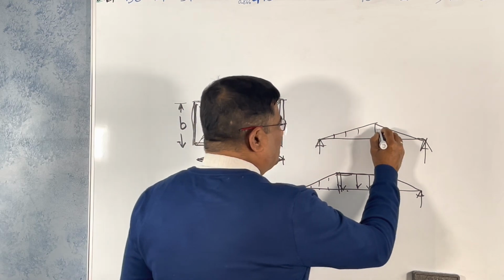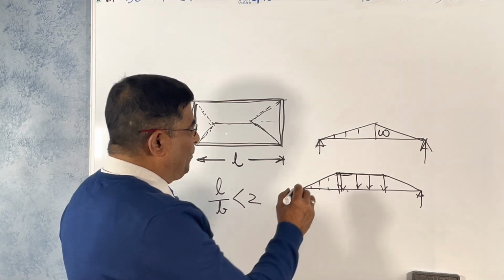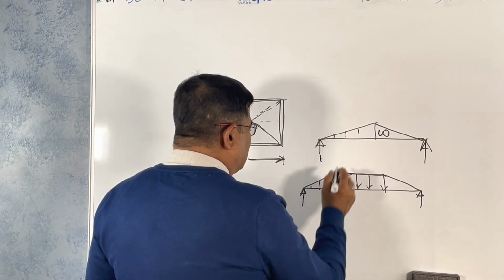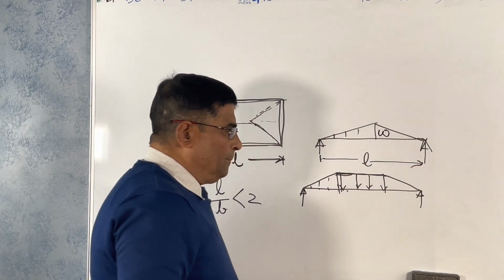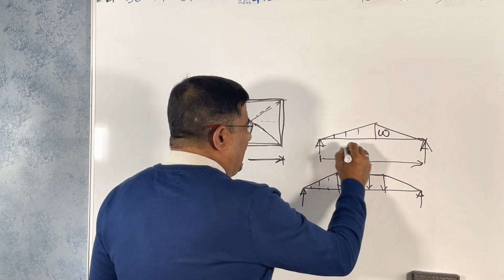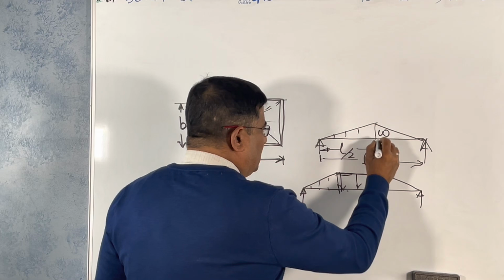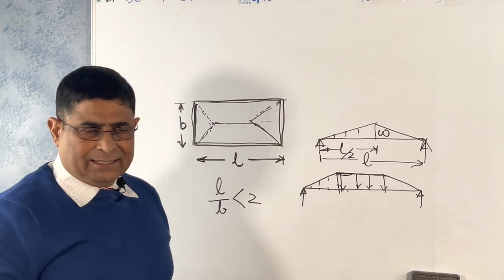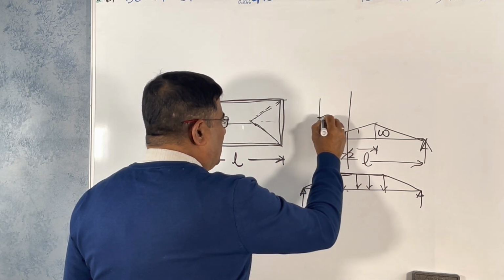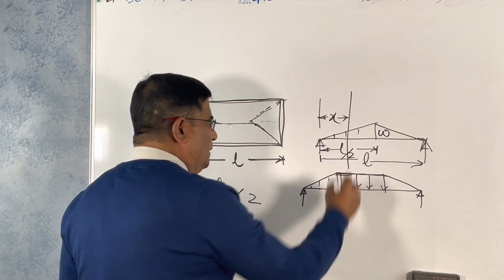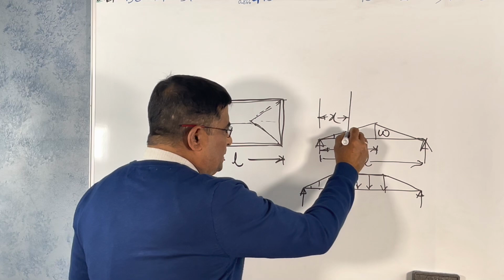Suppose W is the maximum intensity of load at the midpoint. Now we consider this is the length L of the beam, so at L over 2 you have W as the maximum intensity. At a distance x from here, what is the intensity?